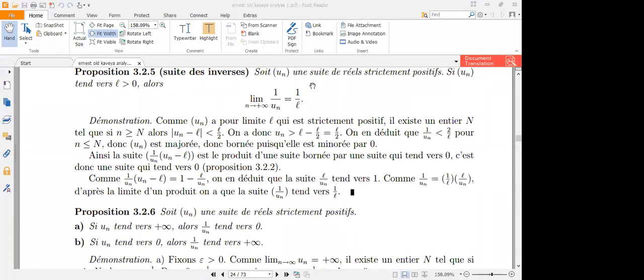So here it says we have a suite UN, and this same suite is positive. Here it says it's strictly positive, that we already know. Then it says if the suite UN is heading towards L, this L should be greater than 0. It's for this reason that it can also be equal to 1 over L. Because definitely for 1 over L, this L can be anything, and when you divide, it should give you a number greater than 0.